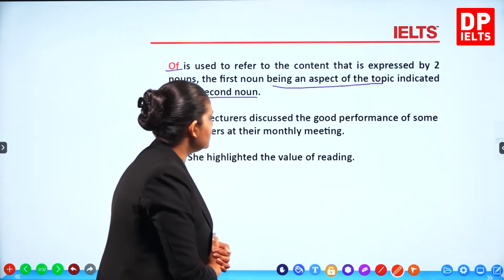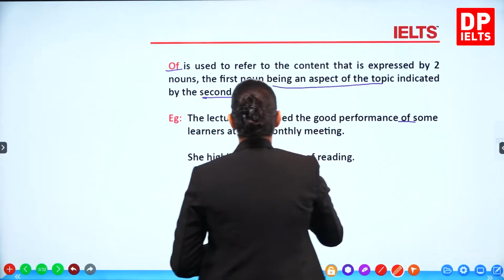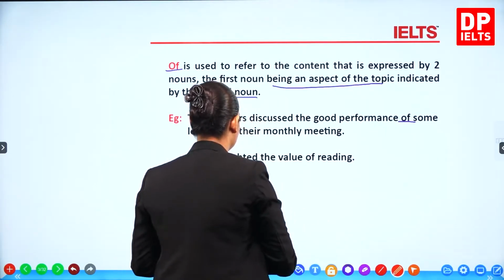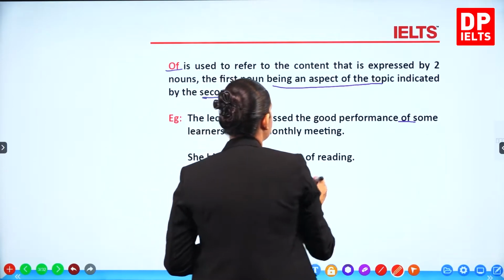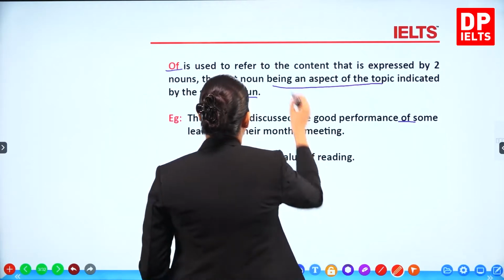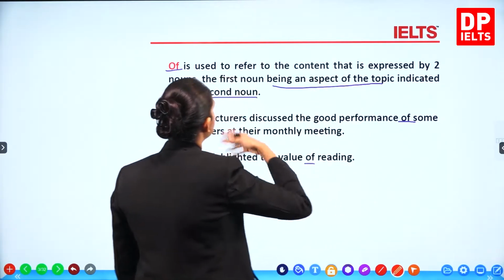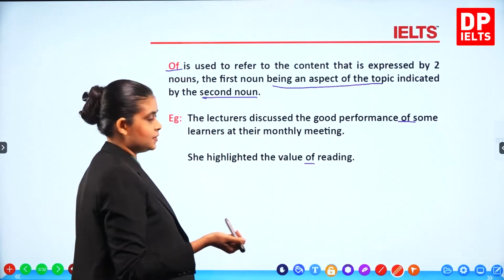The lecturers discussed the good performance of some learners at their monthly meeting. She highlighted the value of reading. Now, what is this? Of is used to refer to the content that is expressed by two nouns.